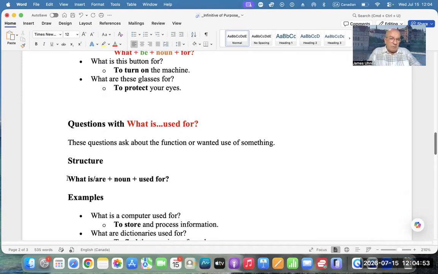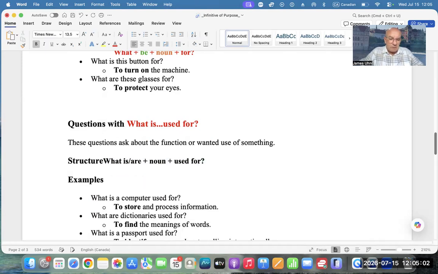Structure, all right. Actually, just do it this way. And again, I will make it red.